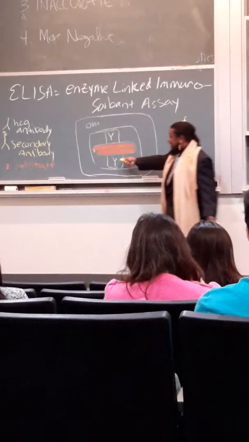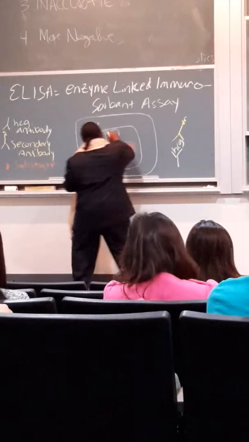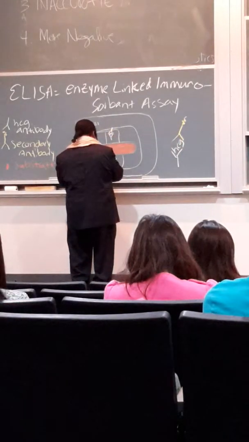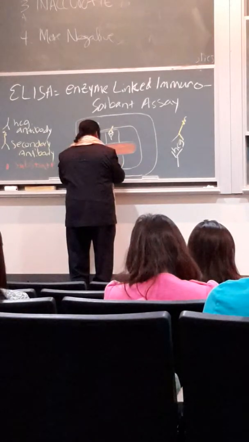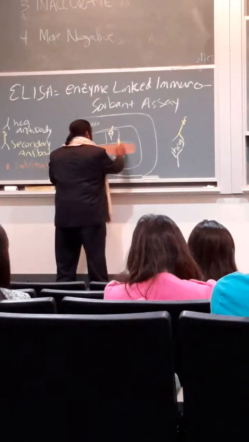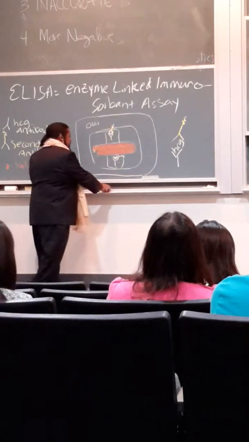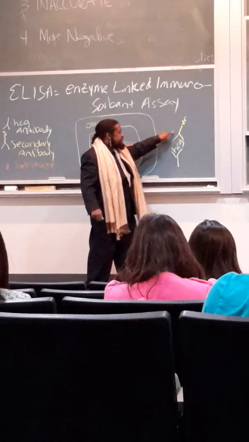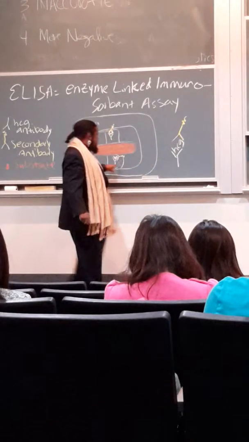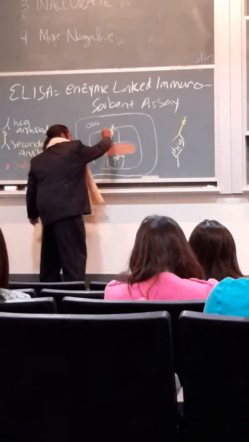So now you've got enzyme stuck to this bar. So now the substrate can interact with the enzyme because the enzyme is stuck to the antibody and stuck to the HCG that's stuck to the antibody on the plate, and you get a positive.